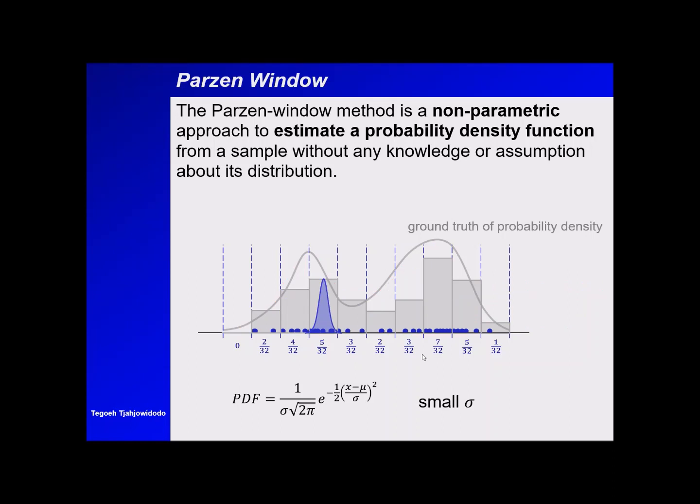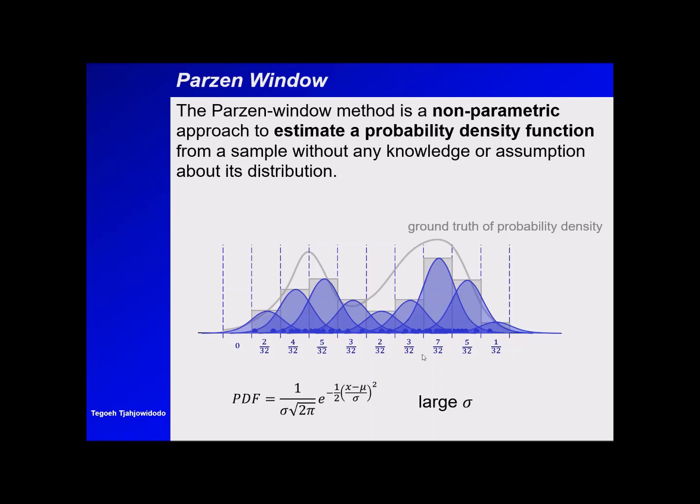If I choose small sigma, and then if I do it for the rest of the groups, and then I sum them all, this will be my estimated PDF, which looks more like the one that we did with the quadratic function. It doesn't look good. On the contrary, if I choose large sigma, what will happen? I sum them all.